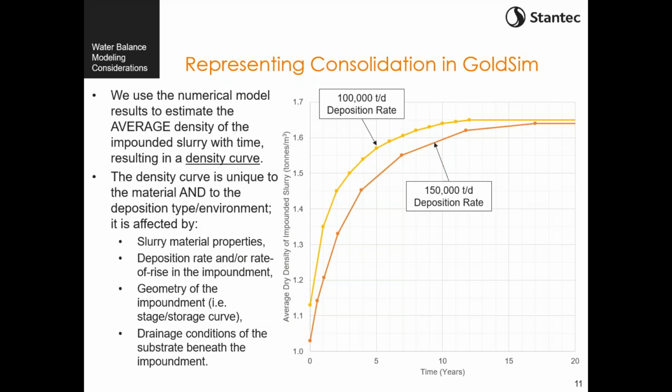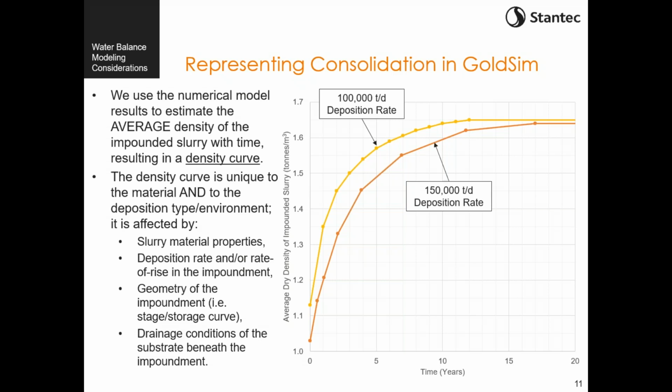This impoundment curve accounts for the fact that we're constantly depositing new slurry, and it also accounts for the geometry of our impoundment. It accounts for the material properties of our slurry, and it accounts for the drainage conditions within the impoundment. That's something I haven't really mentioned before, but just another point to make if there's some kind of a substrate that's significantly more permeable. This density curve that we're seeing here is how we're going to represent consolidation in our water balance models.